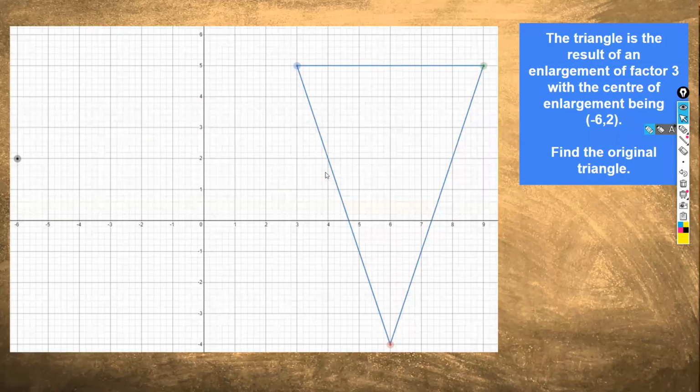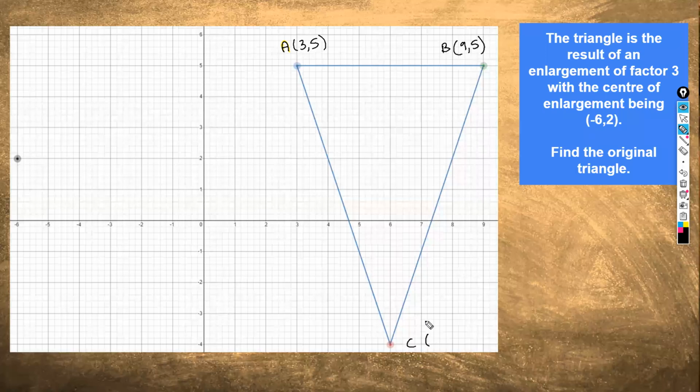I want everyone to draw this diagram as well. Let me put in the coordinates so you can see it. This coordinate here, A, looks like 3, 5. I'll call this one B here, 9, 5.